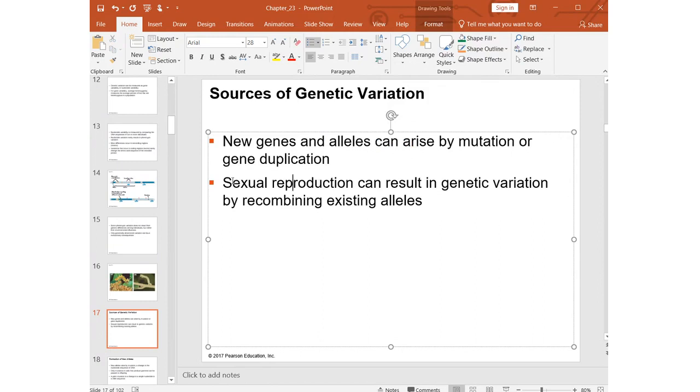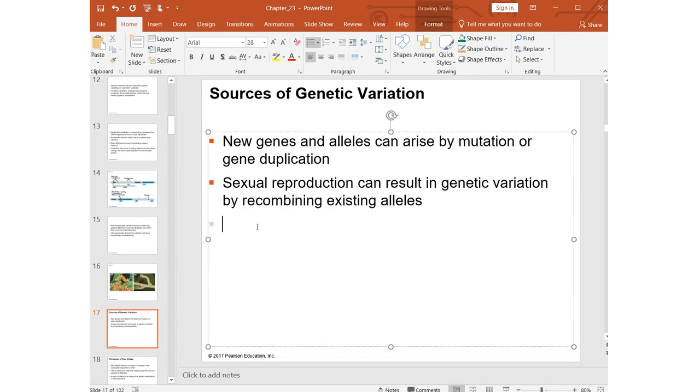And sexual reproduction can produce a lot of genetic variation by recombining existing alleles, because you get half of your alleles from your mother and half of your alleles from your father, and there's a new combination.